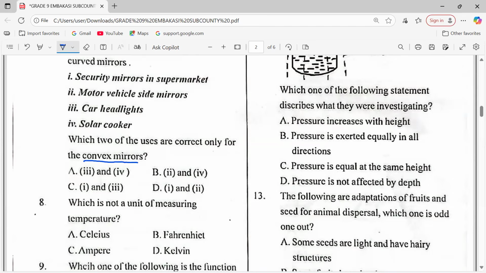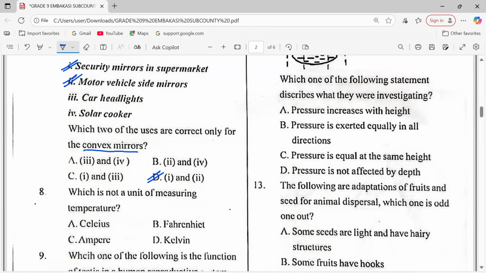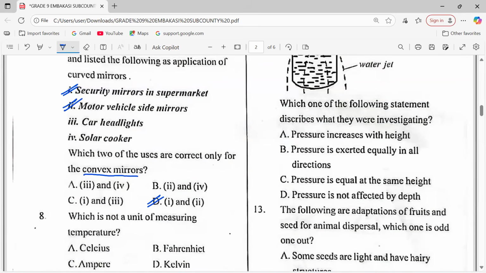They have a wide field of view, and using a convex mirror, images are always upright. Because of those two advantages, they can be used as security mirrors in supermarkets and also as side mirrors. So that makes 1 and 2 the most appropriate choices, making D the answer in number 7.